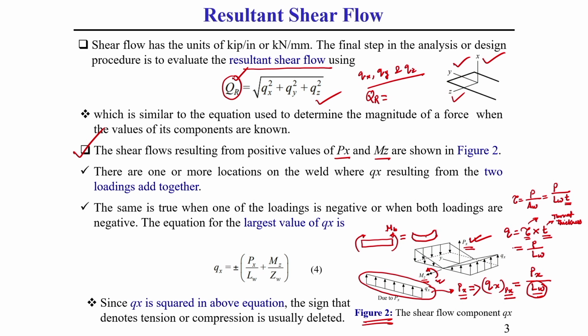This is a sagging type of bending moment. Here the top fiber or top side layer is subjected to compression, and the bottom side layer is subjected to tension.